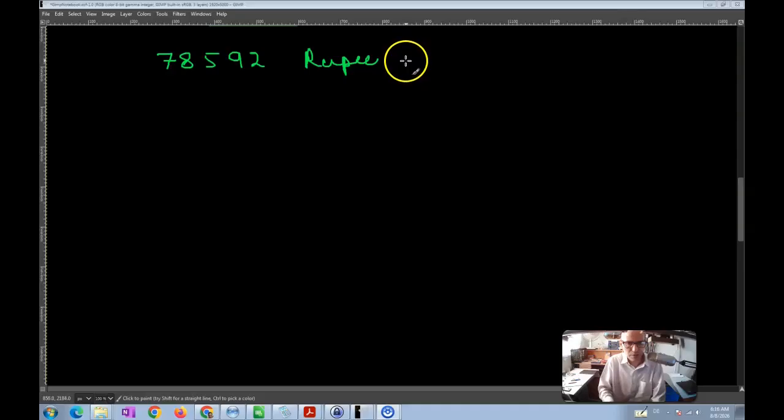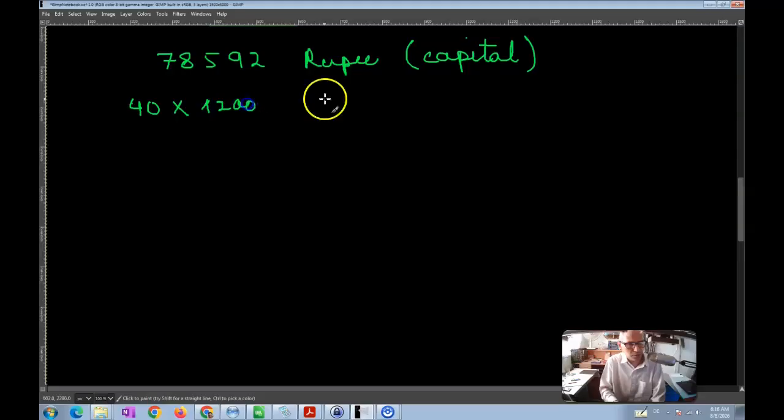78,592 rupees, and we call this our capital basically, meaning the amount of money that you have, right? And you want to buy essentially 40 radios, each costing 1,200 rupees. This is the order that she wants to place.